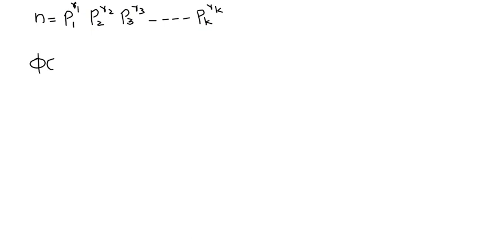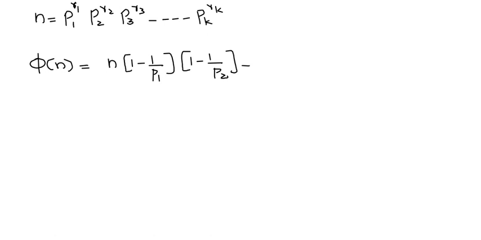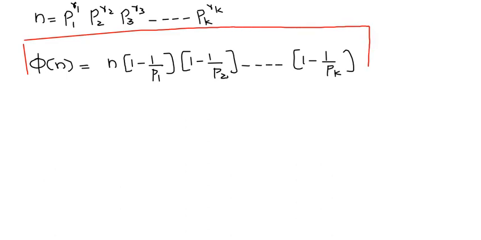Then the Euler phi function of n is phi of n equal to n into 1 minus 1 by p1 into 1 minus 1 by p2, and so on up to 1 minus 1 by pk. This is the general formula for the Euler phi function of a composite positive integer n.